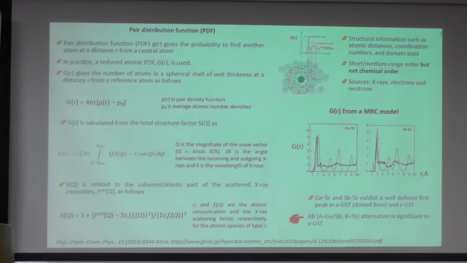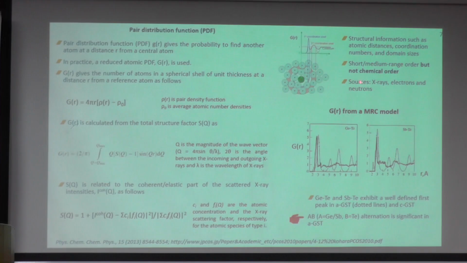And this function gives you the probability to find another atom at a distance r from the center of an atom. This is also based on the diffraction method. And here, if you consider one atom in the center, it gives you distances from this center to other atoms. So you can study short and medium-range order, but not really chemical order. It gives you no information on this.